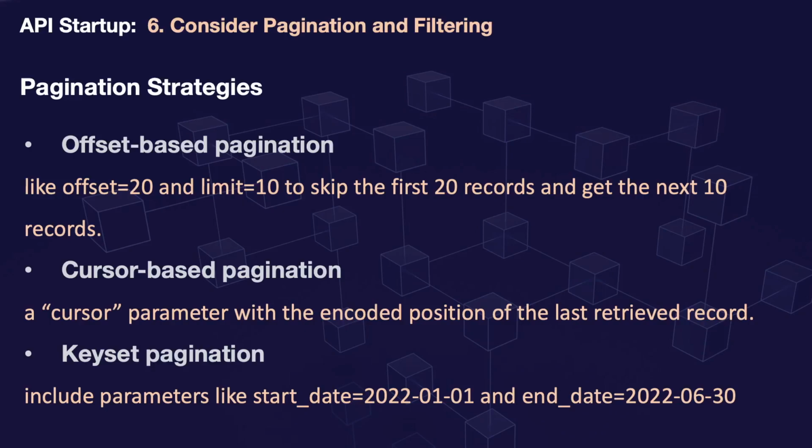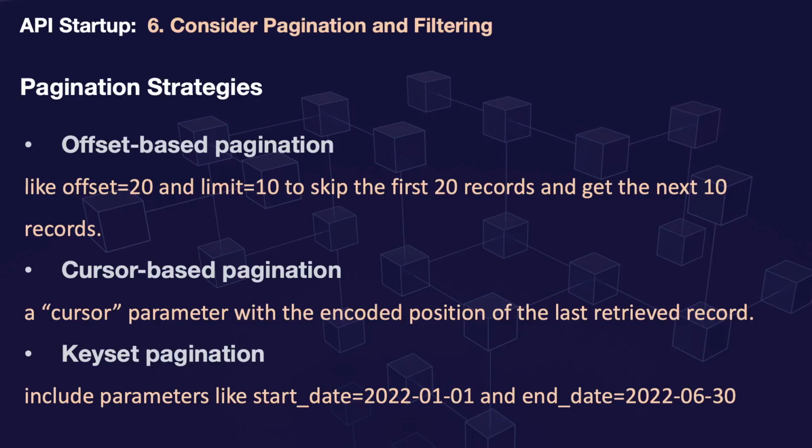Next, you have cursor-based pagination, and that's where there's an actual cursor parameter with an encoded position of the last retrieved record. And that can also be used to retrieve just a segment of the total data that you need.